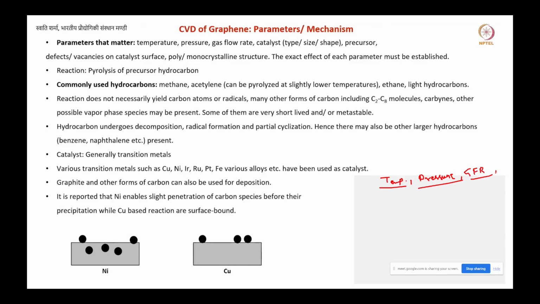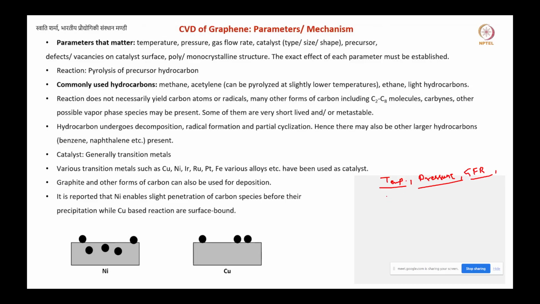You have to control the concentration of the gas which is going inside your chamber. It's not like the gas particles are more inside and sometimes less than the desired amount. So you have to optimize the gas flow rate.